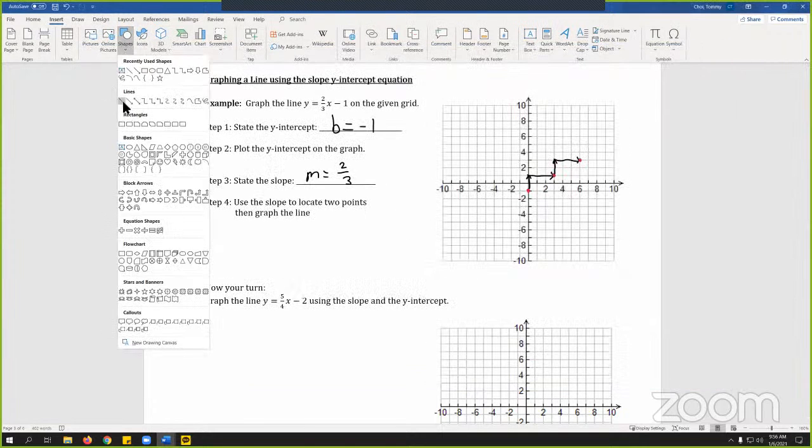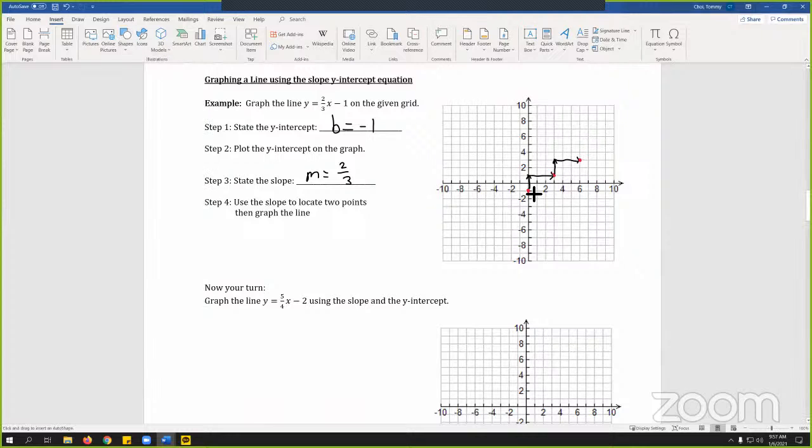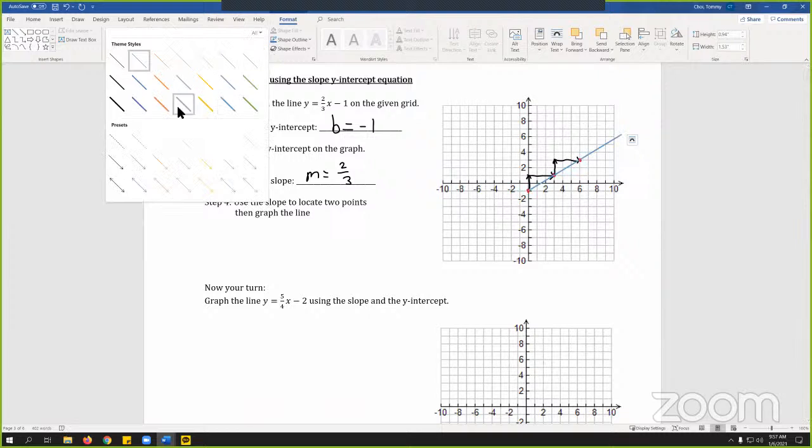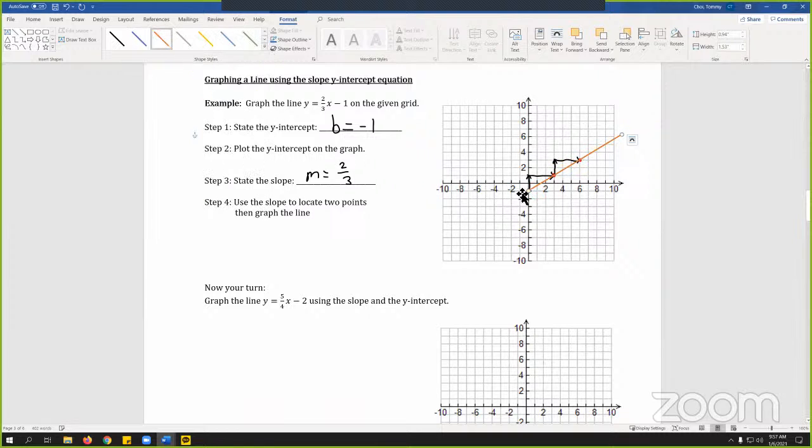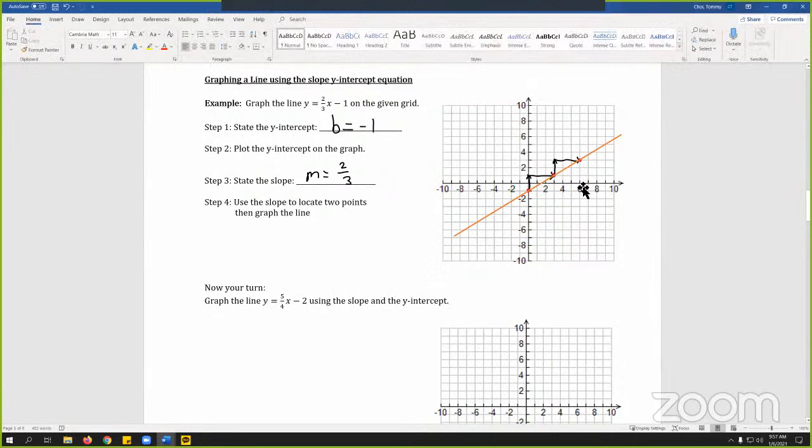Once you have drawn 2 more points, you can now connect with a line going across. And I'm going to try to make this line bigger. Just like that. And there we have it. And so that's going to be the line that we're drawing.